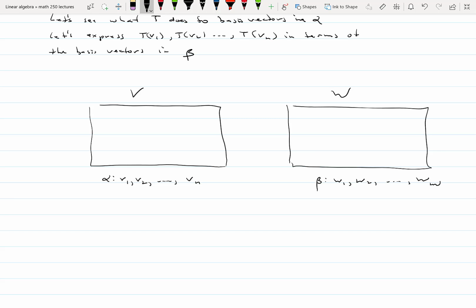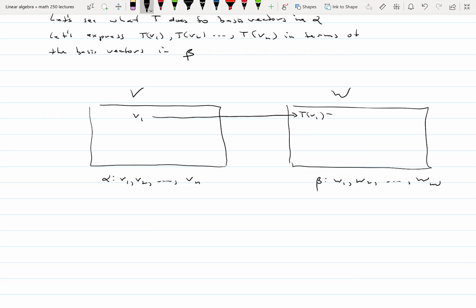Okay, so I'm going to take V1, find T of V1, and then take that T of V1, which is now a vector in W, and write it in terms of the basis from W.